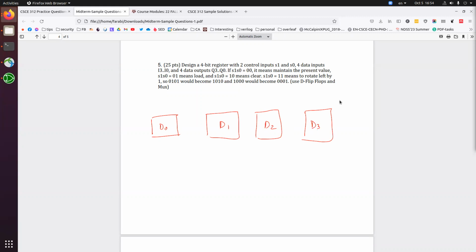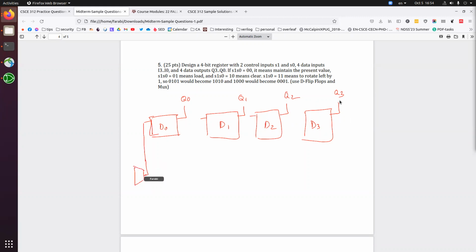And then each bit corresponds to one data output. So this would give us Q0, Q1, Q2, and Q3. If S1 S0 is 0, 0, then it should hold the present value. So we need some level of muxes to make sure the inputs of these D flip-flops are connected. Let's do 1 bit, and then it will be fine.